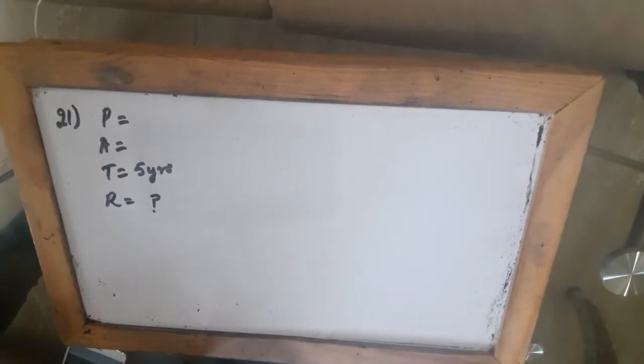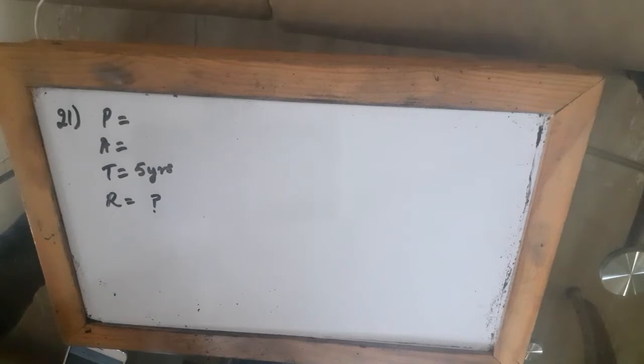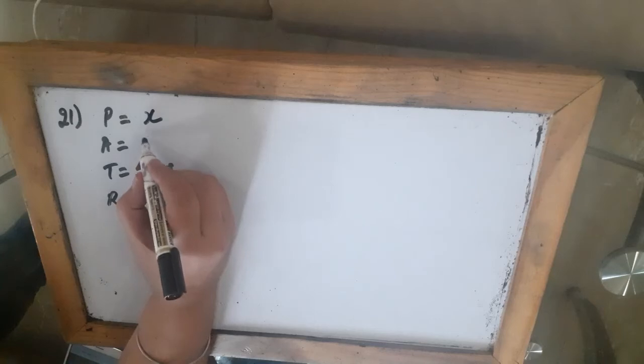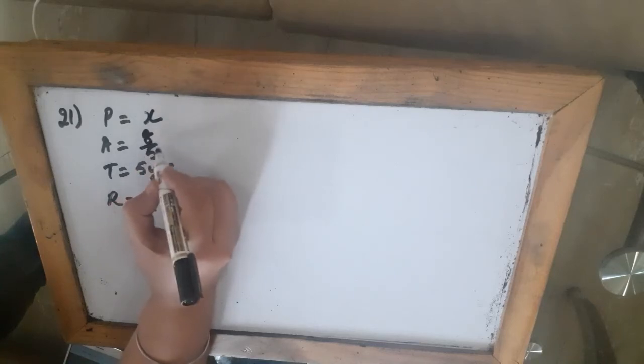Now I come to the 21st question. A sum of money, it's not given, becomes 8 by 5 of itself. Becomes means when it becomes 8 by 5 of itself, it is the amount. So nothing is given to me, so I can say let the principal be x, and it becomes 8 by 5 of itself.